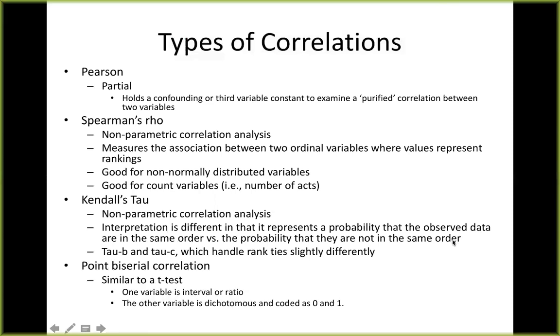unless you have a lot of ties in those ranks. And then a point-biserial correlation is actually pretty much the same thing as a t-test. So it's when one of our variables is continuous and the other one is dichotomous, and we code that as 0 and 1. So that gives us the exact same thing as we would get in a t-test, and you could run either of those.